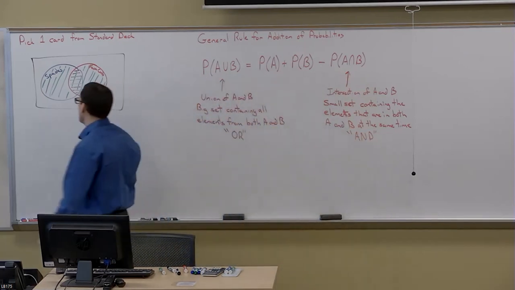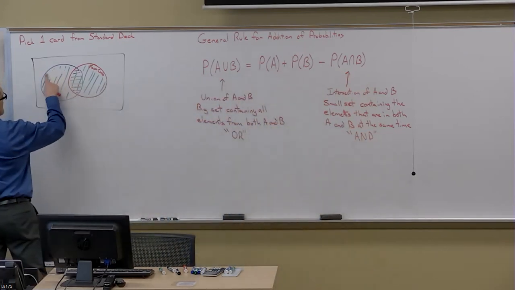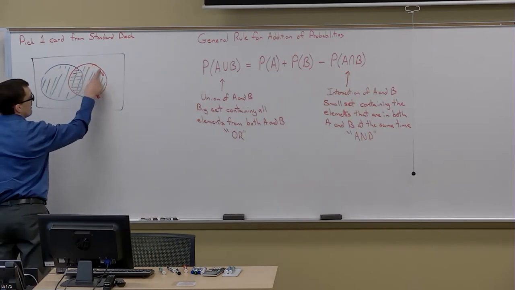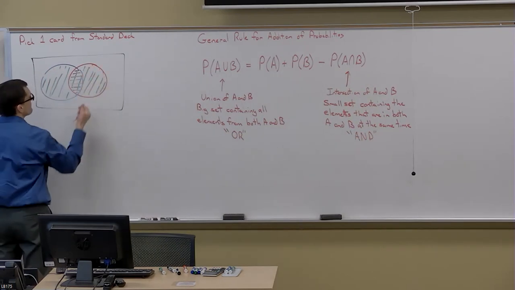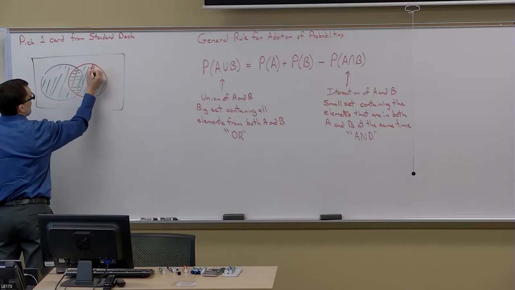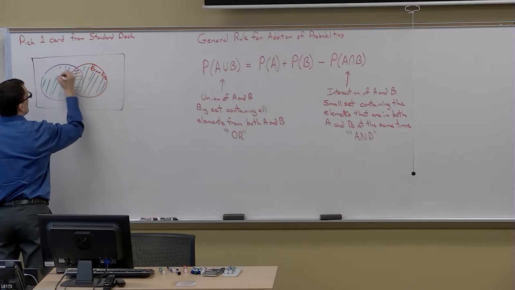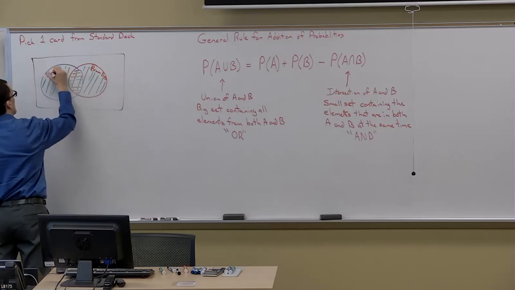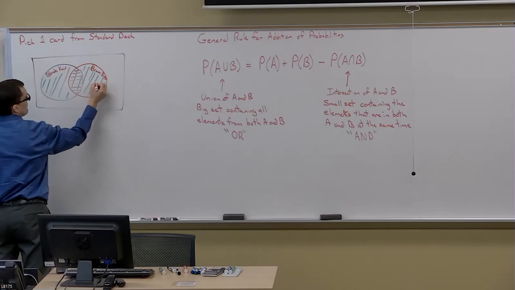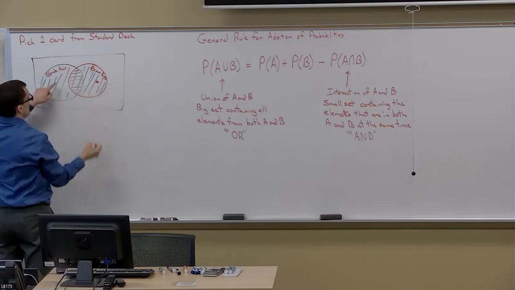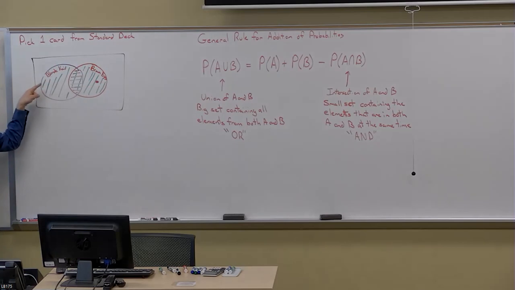So in my Venn diagram, I would be in the brown eyes, but not in the blonde hair circle.